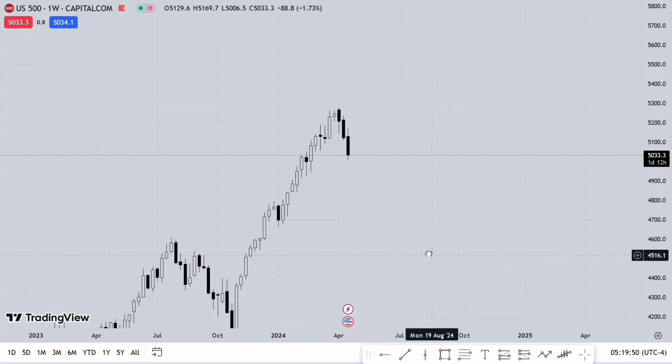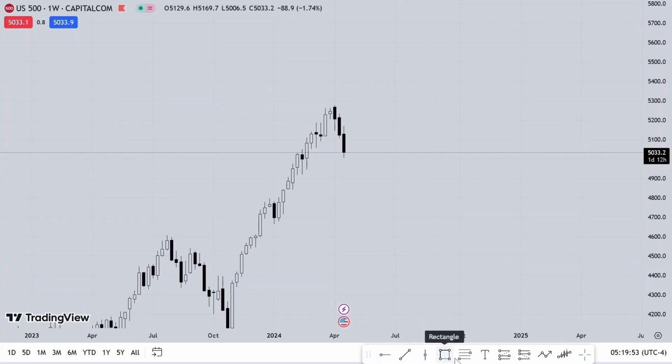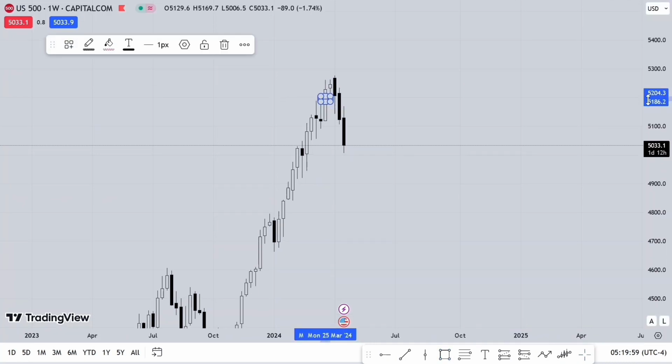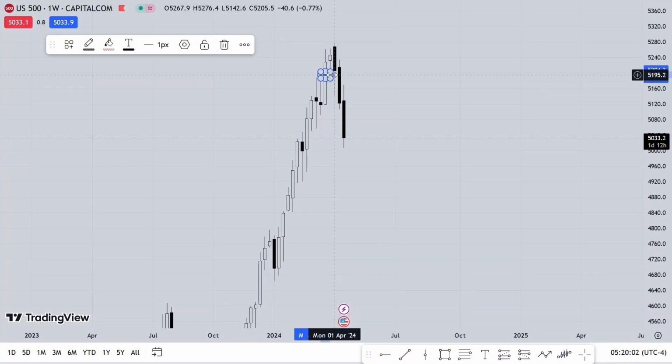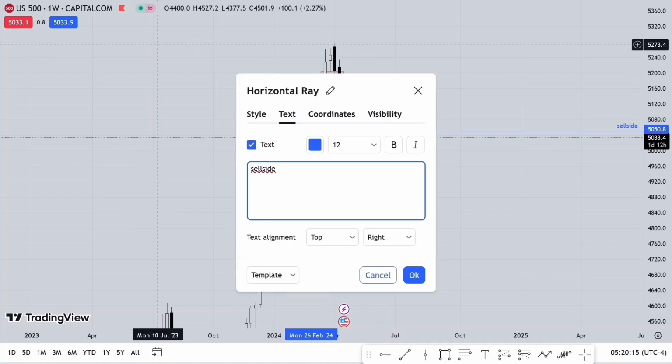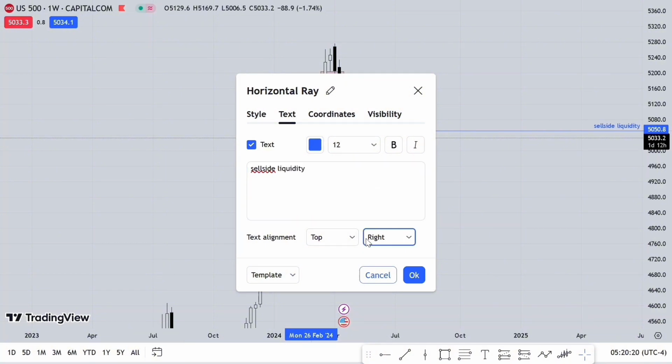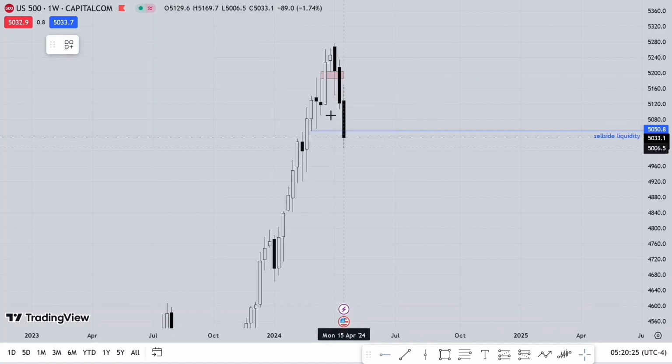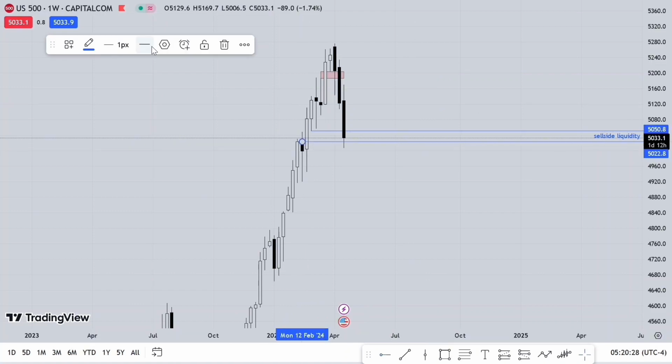So for the ES, we had price trade into this weekly inversion fair value gap here. This inversion fair value gap took price lower to sell side liquidity resting here, and this weekly bullish order block here.